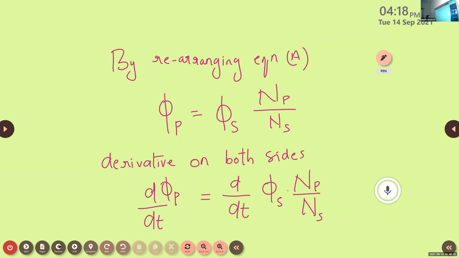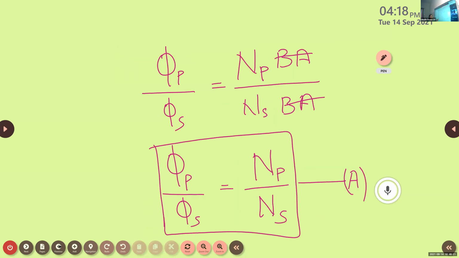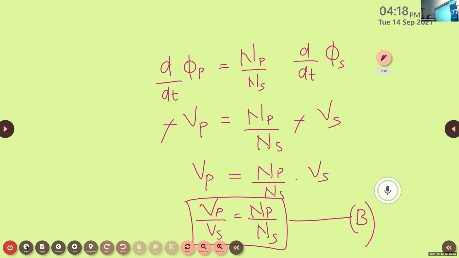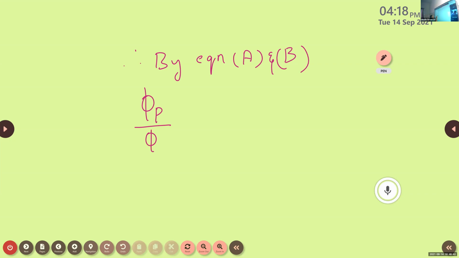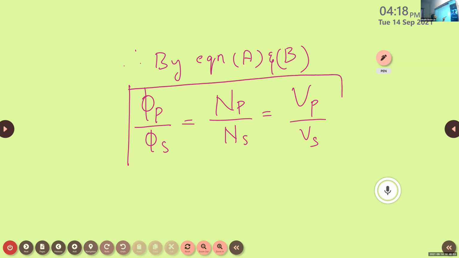here according to equation A, we know that phi p by phi s is equal to Np by Ns. Now by equation B, this Np by Ns is equal to Vp by Vs. Therefore, by equations A and B, we have phi p by phi s is equal to Np by Ns is equal to Vp by Vs. This is our equation number 3.